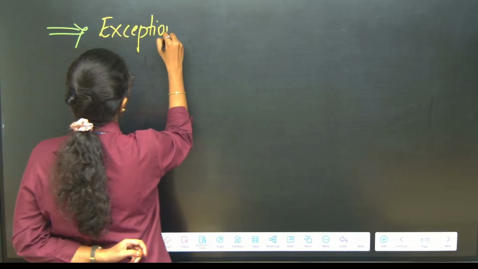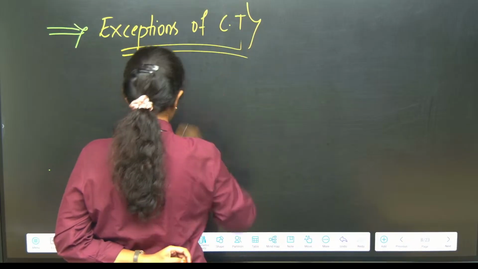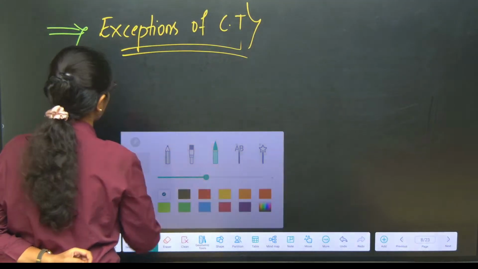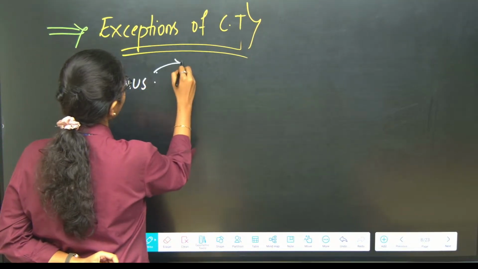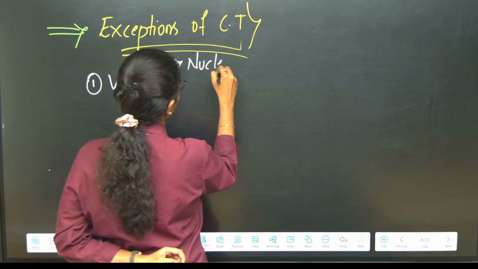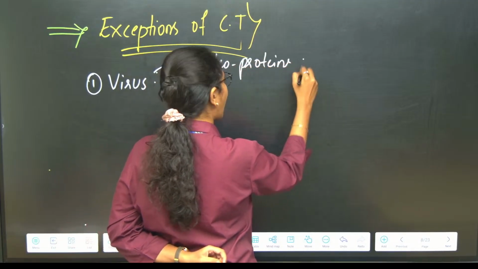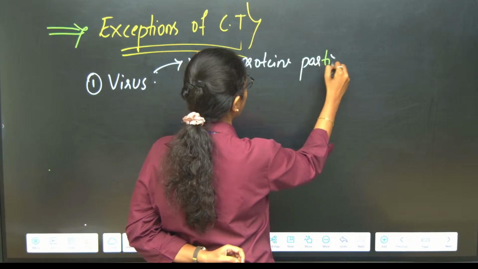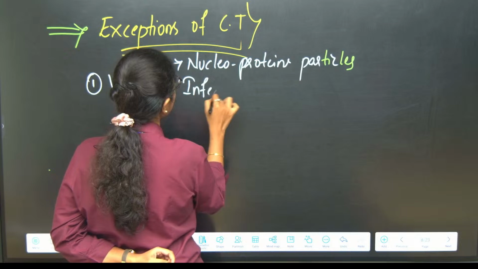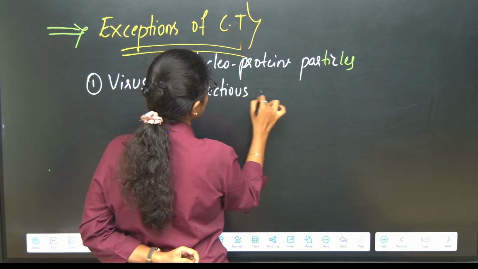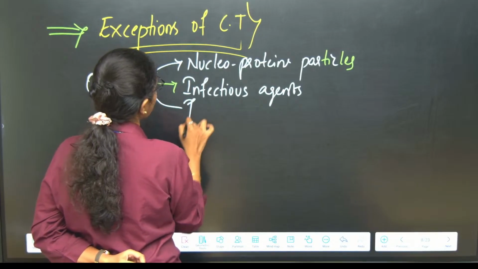Exceptions of cell theory. First is virus. Viruses are said to be nucleoprotein structures or particles, or they are also called infectious agents, or simply living entities.